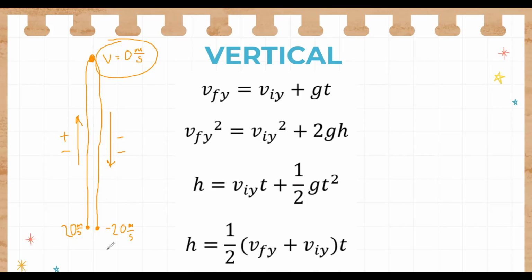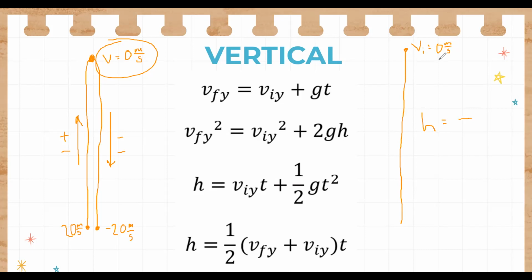All right? And finally, we have our free fall. Our free fall is basically when we have an object that is being dropped downward. In this case, our initial velocity is always going to be 0 meters per second. And another thing that is really important is our height in this case is going to be negative.